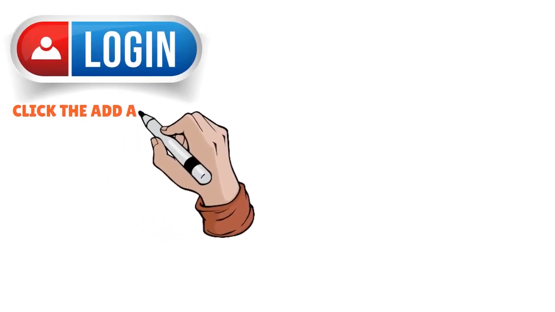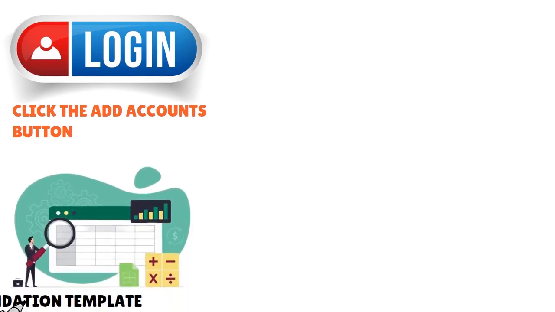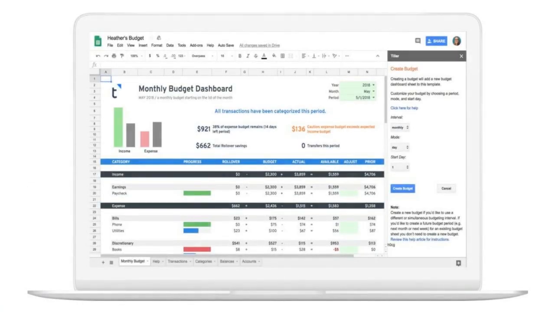Once logged in to Tiller, you simply click the Add Account button. This is pretty straightforward, nothing really complicated there, and you are able to create spreadsheets with Tiller's foundation template, which you can take it from there.